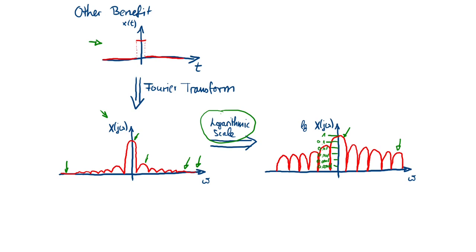So you see that the side lobe here, which would be 0.001, is still present in this diagram, which would disappear here because they are so close to 0. And so on.